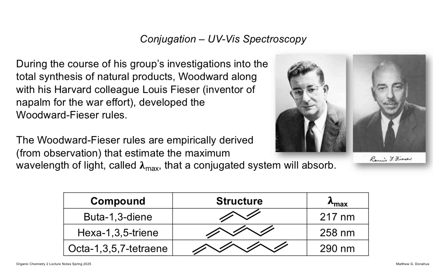So what we're going to do now is look at something called the Woodward-Fieser rules. So again, there's Woodward's name. Woodward was a synthetic organic chemist at Harvard. Fieser was his colleague. And an interesting factoid, Fieser was the guy that invented napalm.